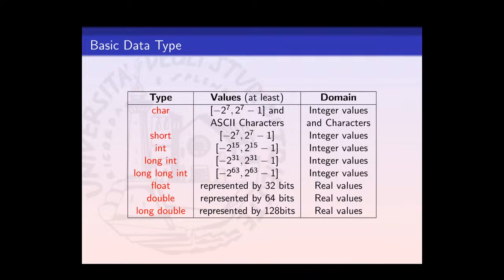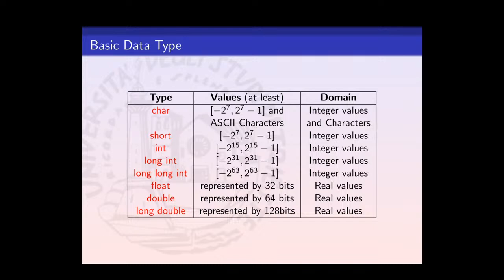We have the integer type, which takes at least 16 bits, and the long int type. Then the floating point, which is meant to represent not all the real values, but a subset of the possible real values. This is due to the fact that real values are infinite, while the number of values that you can represent by using any finite sequence of bits is finite, and so we have to decide which ones you can exactly represent and which ones cannot be represented.